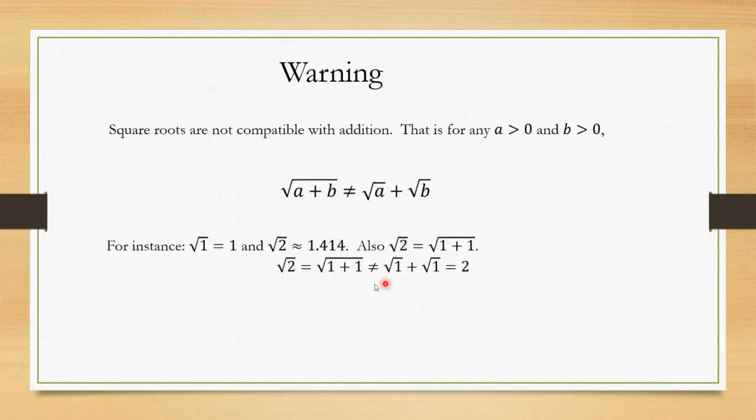So on the left side we have the square root of 2, on the right side we have 2, but 2 is not equal to its square root. Basically, the square root of a sum is not the sum of the square roots. That's all I'm trying to say here.